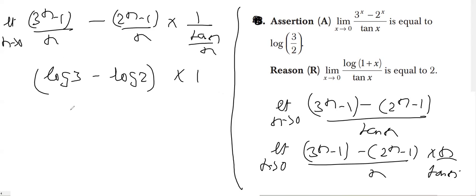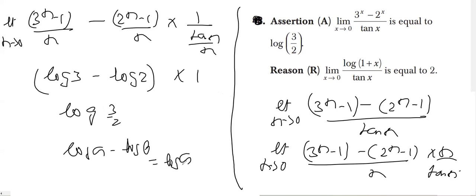So this is going to be 1. So this would give you log 3 minus log 2, which is log 3 over 2. That is, log a minus log b is log a over b. So we got this as log 3 by 2. That's the assertion, and I can see assertion is correct.